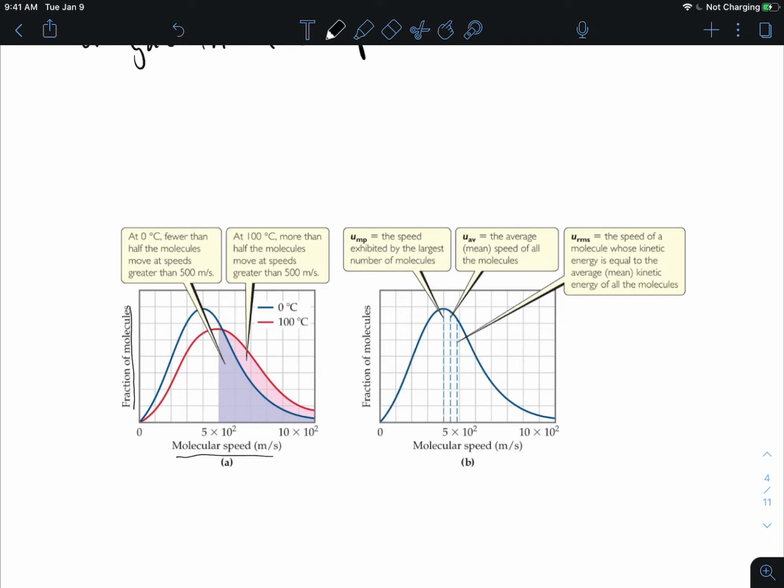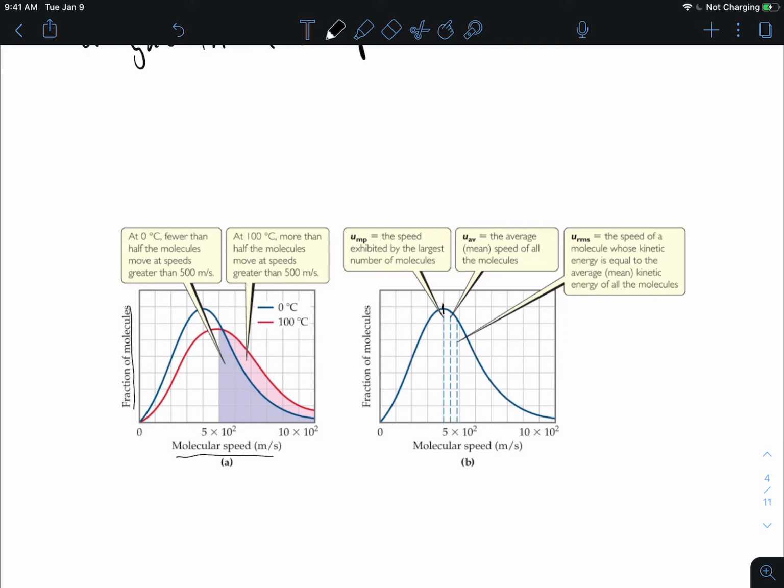Okay, and there's a couple of ways to look at our molecular speeds. We can look at either the speed exhibited by the largest number of molecules, which is right there in the center, or the average mean speed of all the molecules. So what is our average mean speed? And then the last, we can look at the speed of a molecule whose kinetic energy is equal to the average kinetic energy of all the molecules.